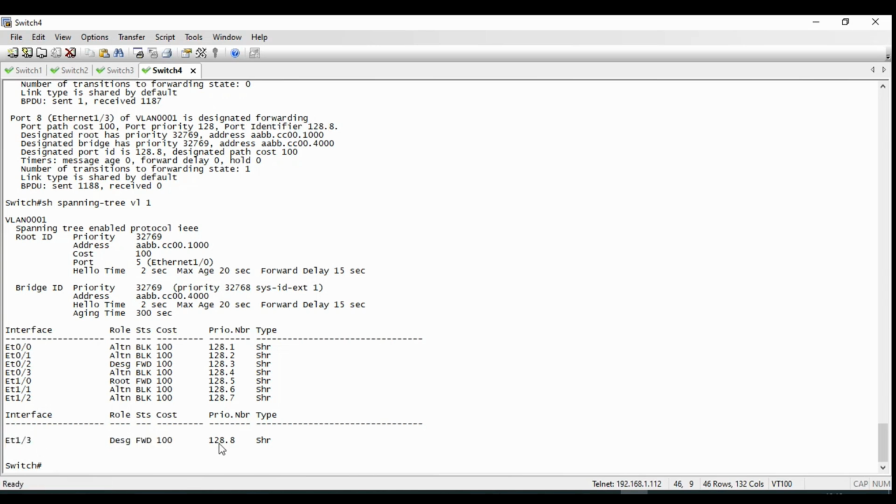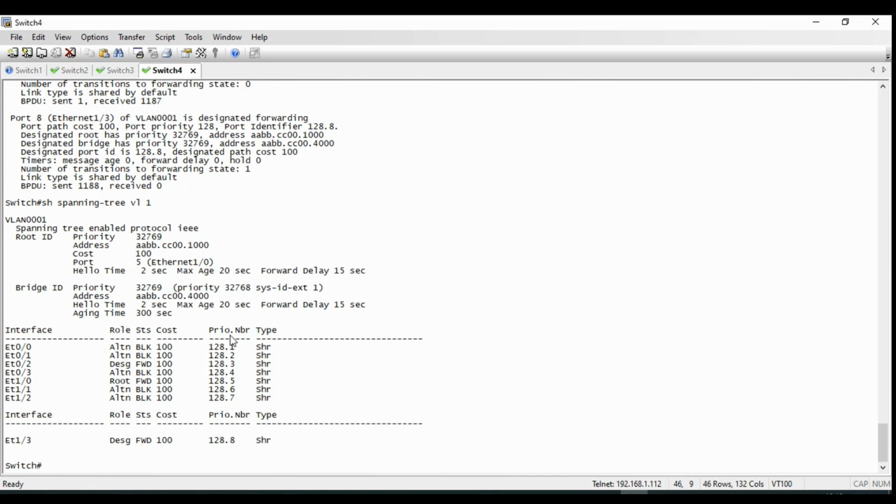I believe everybody is aware of subnetting, the last octet, this value is 128: 1, 2, 4, 8, 16, 32, 64, 128. I hope this octet value is known to everyone, right? So the 128 is mentioned, and this dot 1 is the port number of this interface. This Ethernet 0/0 is considered as 128.1. This is port number 1.